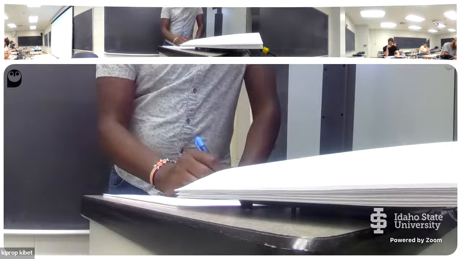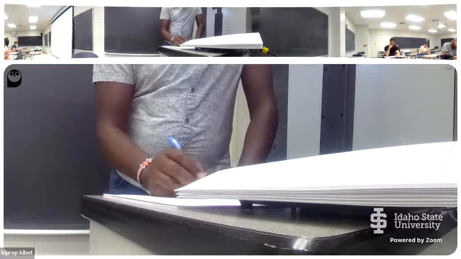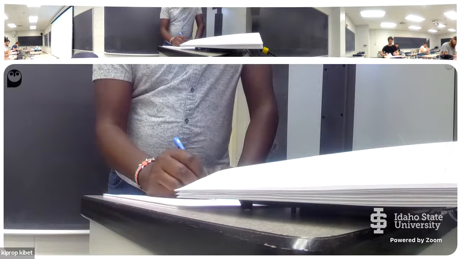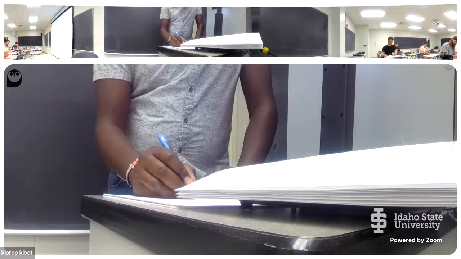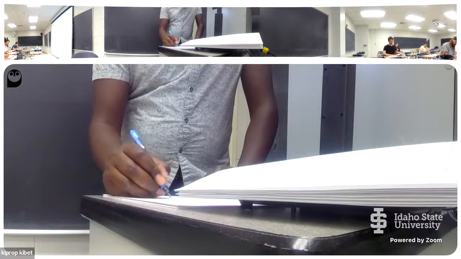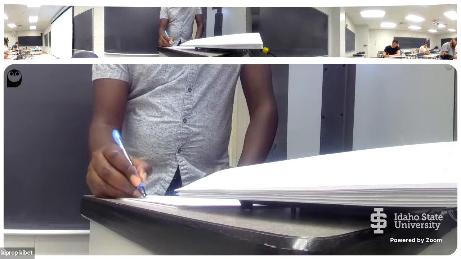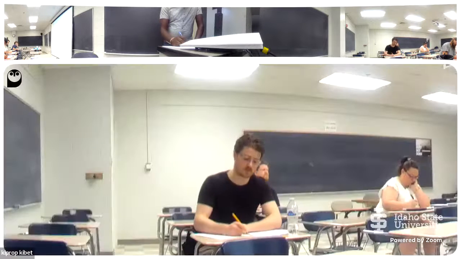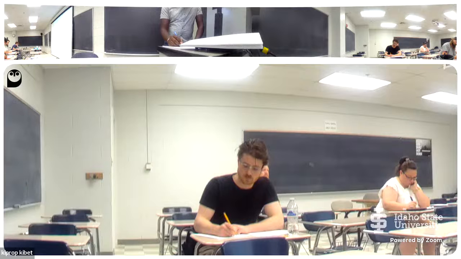Okay, let's look at example number 7. Find all solutions of the following linear system if they exist.